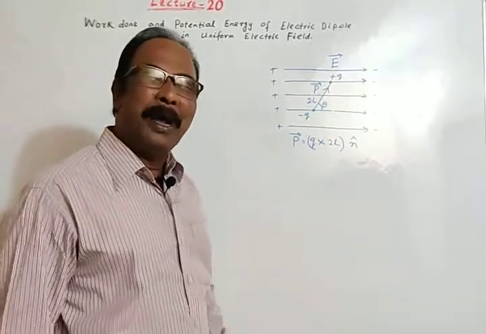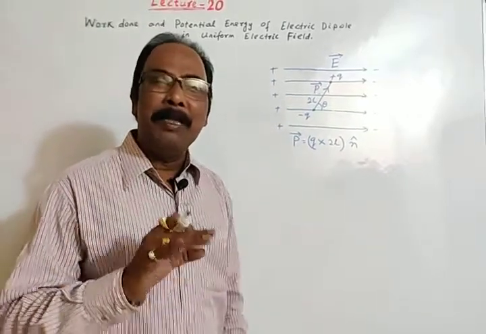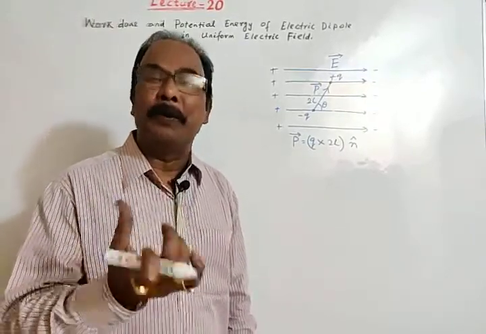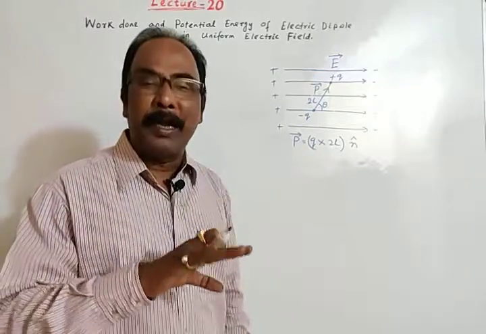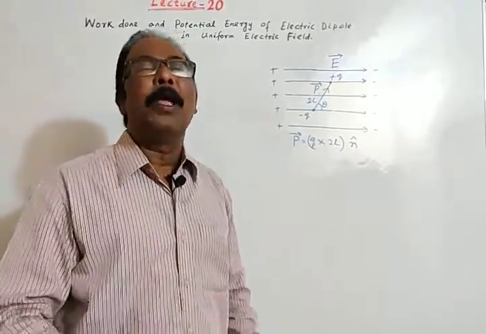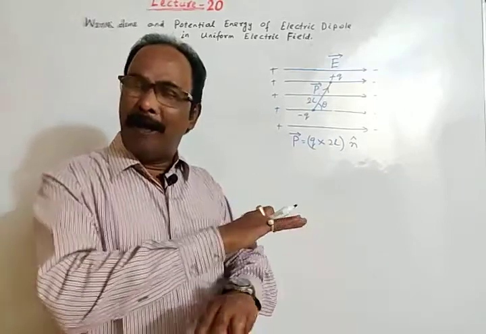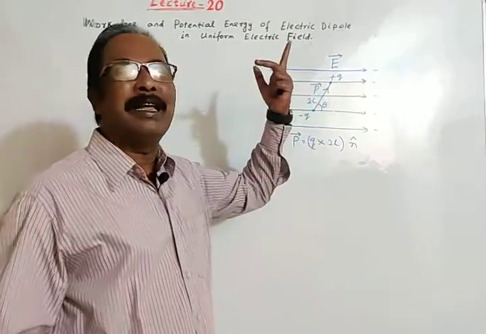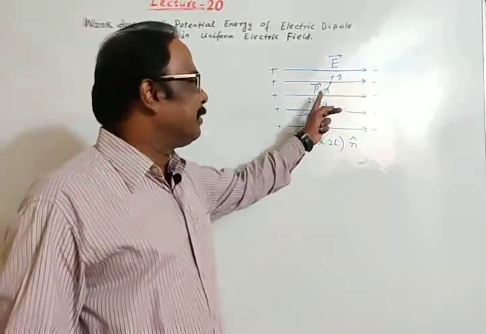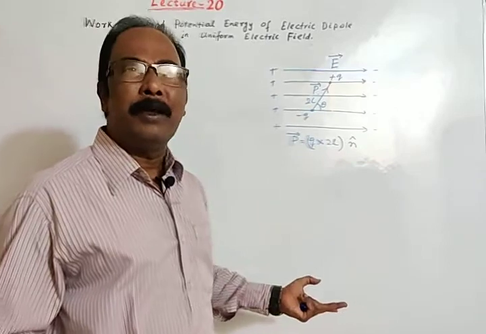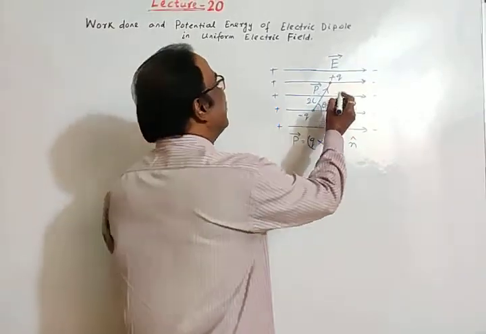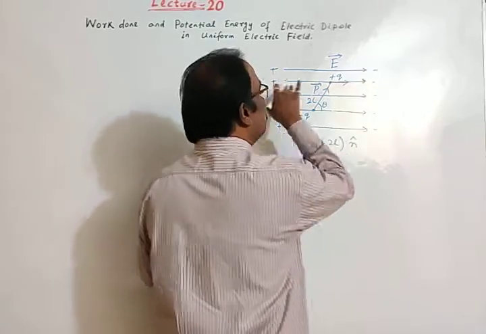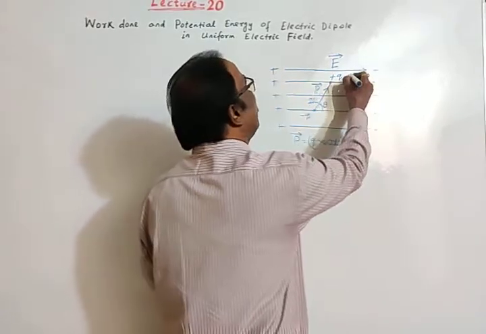As we have discussed, if a dipole is placed in a uniform electric field, then the resultant force experienced by the dipole is zero at any position in the uniform electric field. So theta is any angle. This positive charge will experience a force parallel to the direction of electric field.